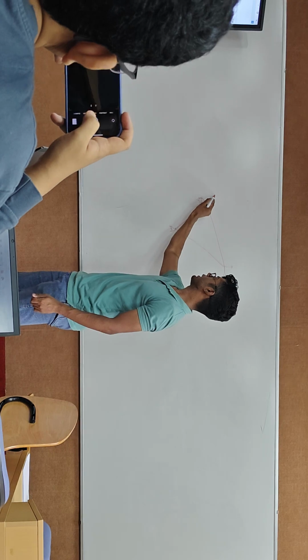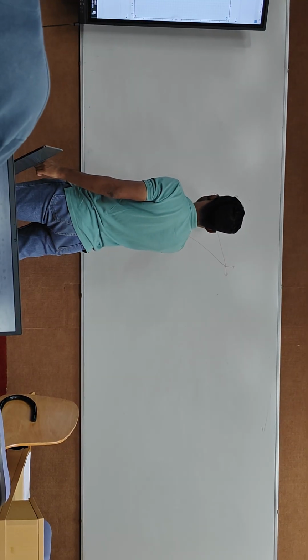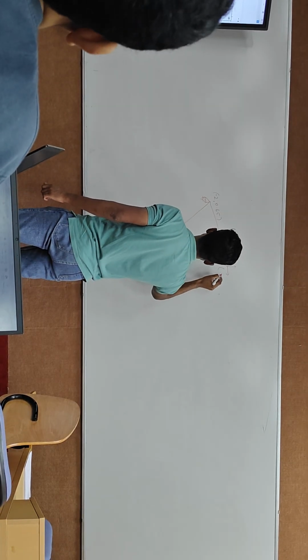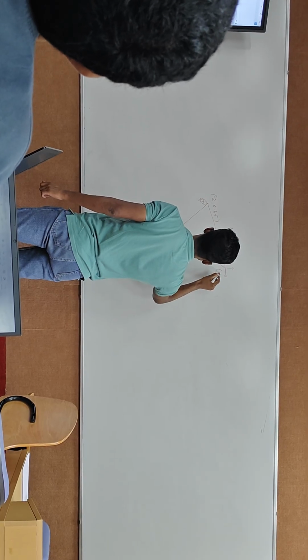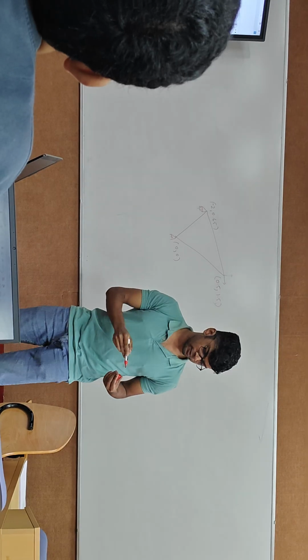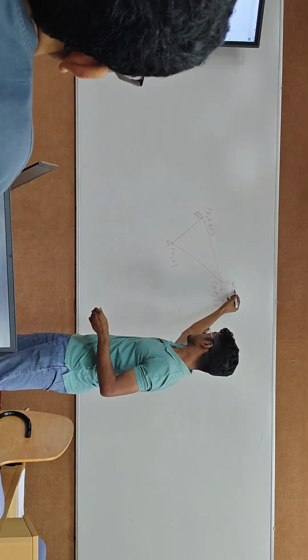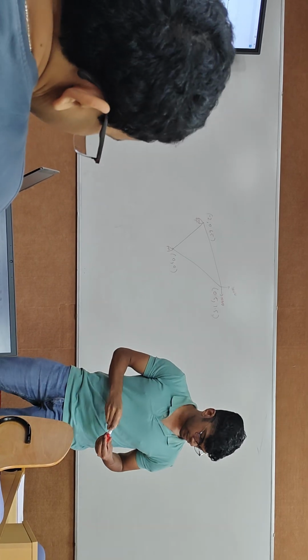So this point I'll be taking as -2, 0.65, this as 0, 0, and this as 0.5, 1.5, because this is close to one of Suresh's examples. The load here I'll be putting is 1,000.